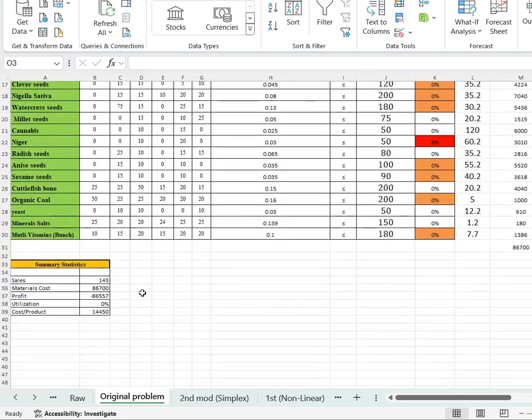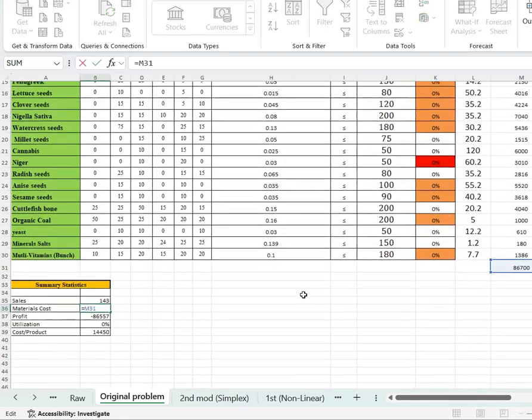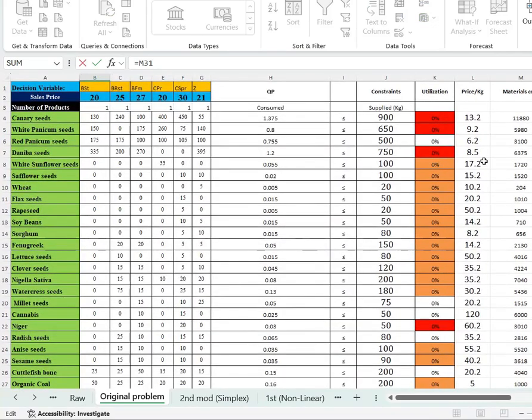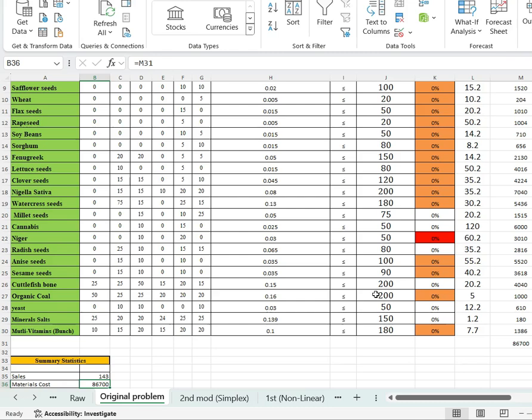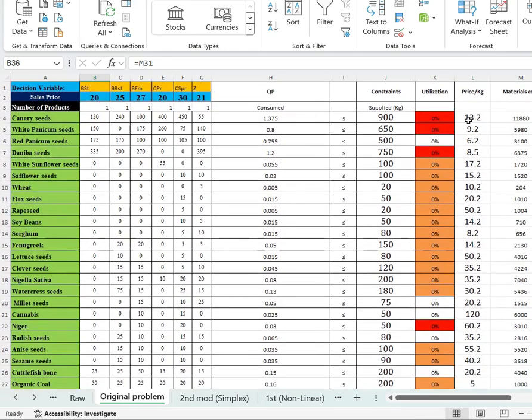Let's have here the material cost. What is the material cost? I will multiply this price by the amount of raw materials that I will be considering.